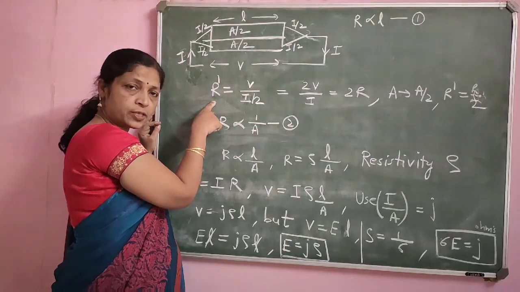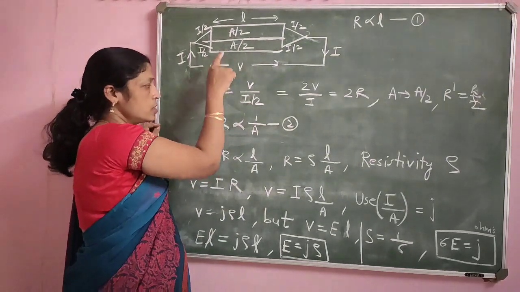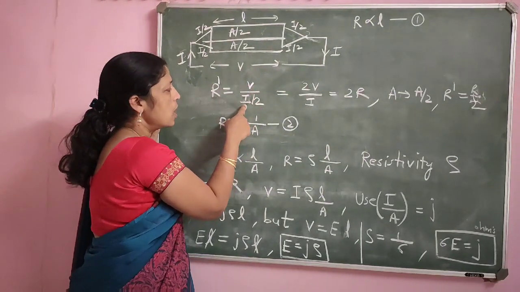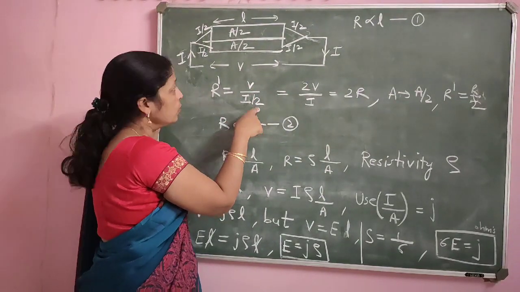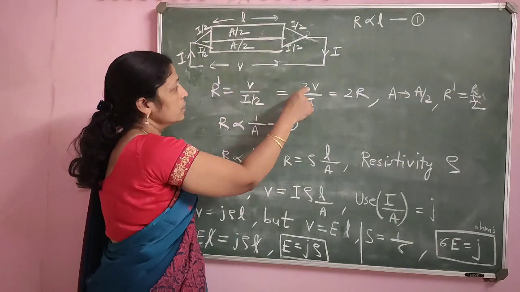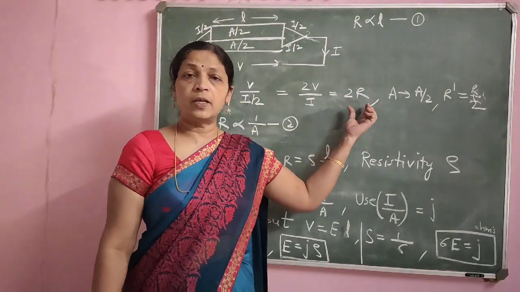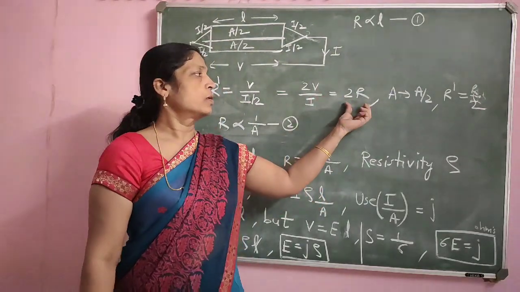Now what is R dash? R dash is the resistance for this conductor. R dash equal to V upon I by 2, where I by 2 is the current of each conductor. It will become 2V upon I, that is 2R.